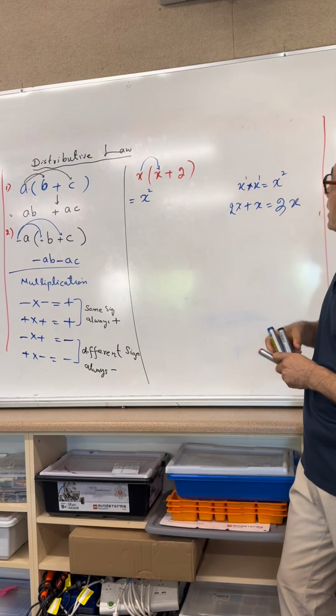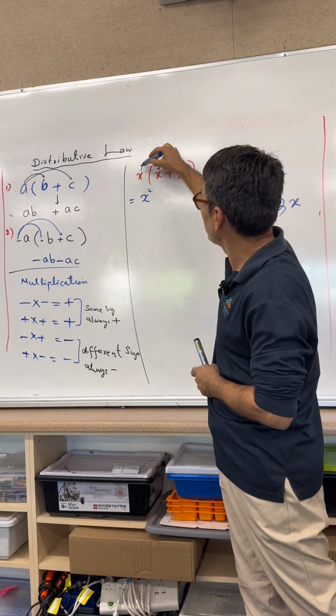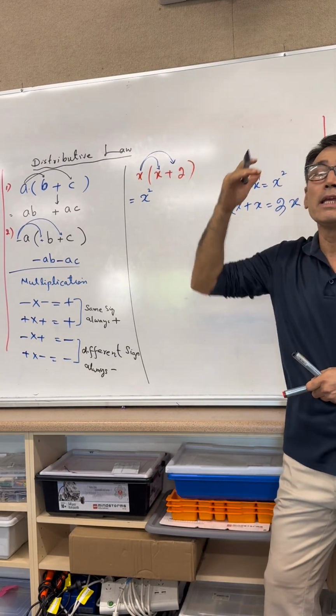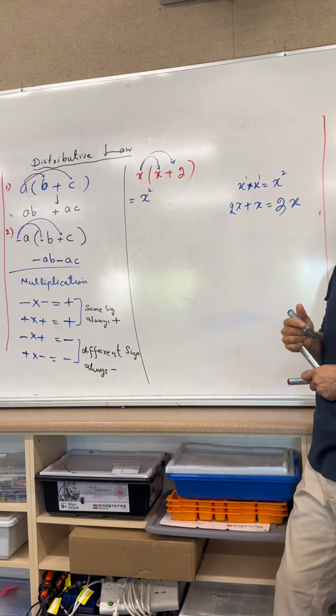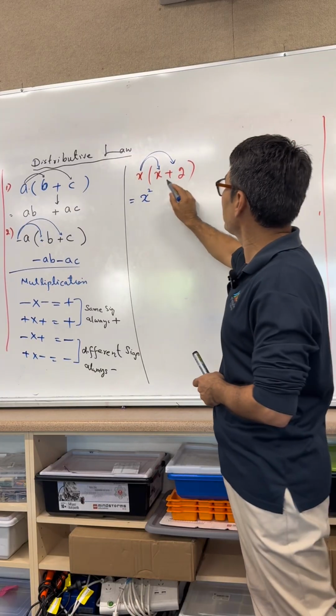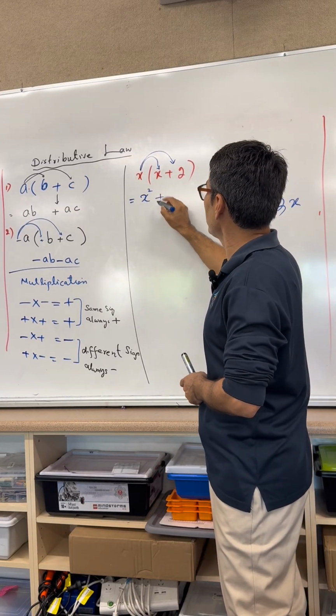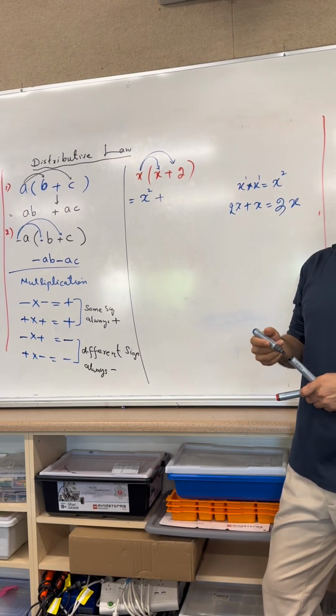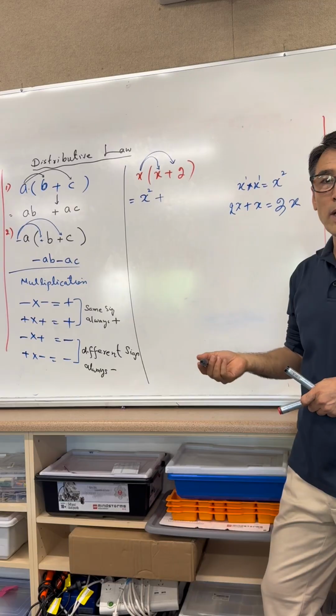So let's go next. Apply x to the second term. Guys, remember, if you have 3 or 4 terms, you have to apply it with each of them. So the plus sign outside is plus, it doesn't change anything. x times 2 becomes 2x.